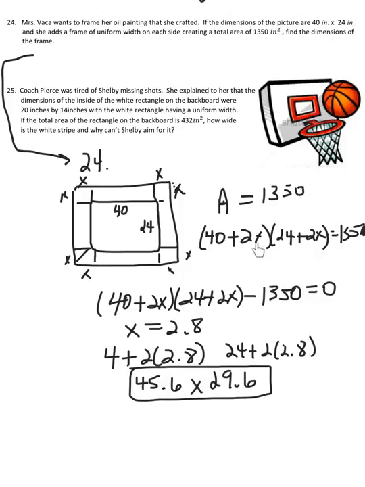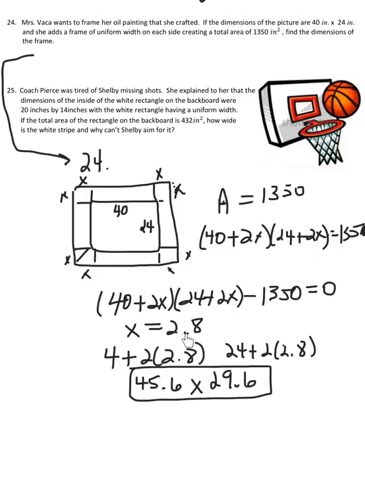So if I set that equation equal to 0, I have 40 plus 2x times 24 plus 2x minus 1350 equals 0. And I can graph that, and then I'm going to check the parabola to see where it crosses the x-axis. Well, it crosses the x-axis at 2.8. So my width of my frame is 2.8.